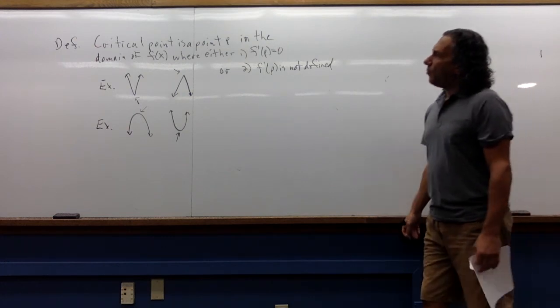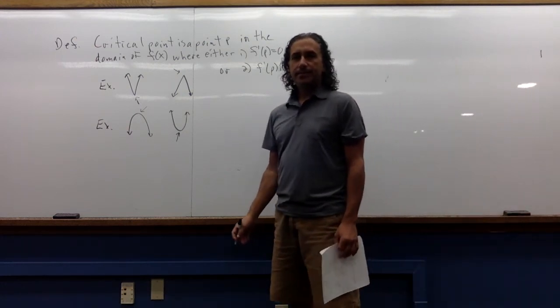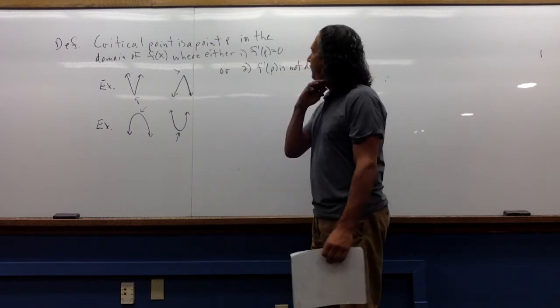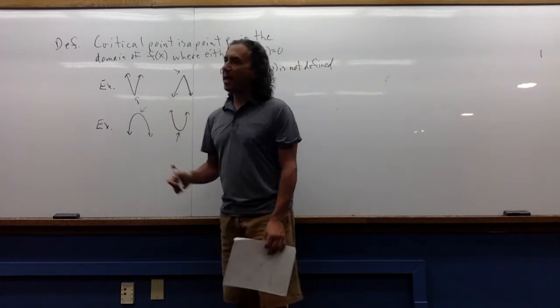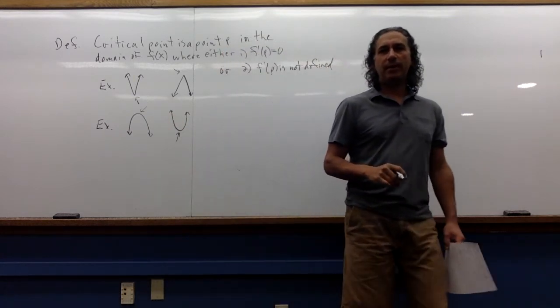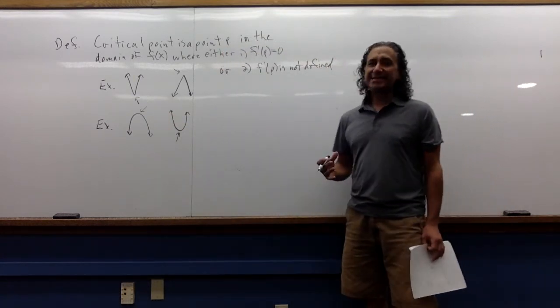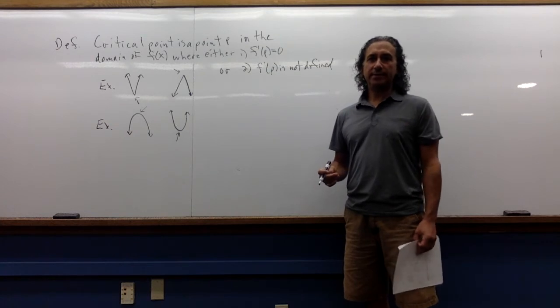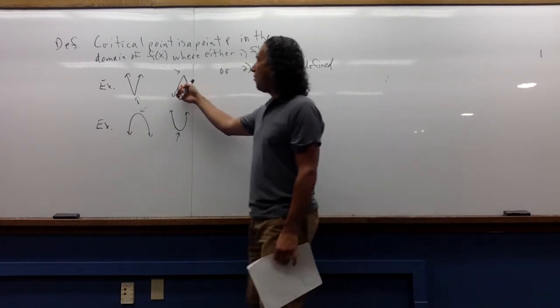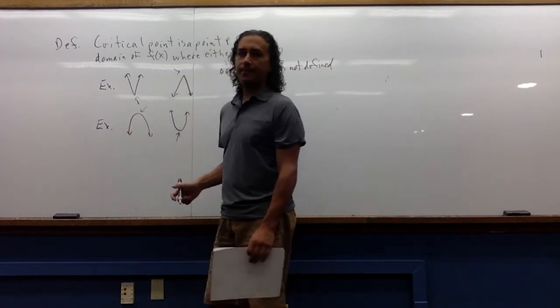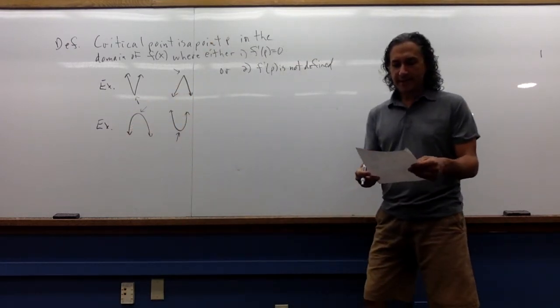So why are critical points important? Well, if you think about it, in order for us to have a local maximum or a local minimum, the point has to be a critical point. It's necessary for it to be a critical point because these are the only ways that it can happen.